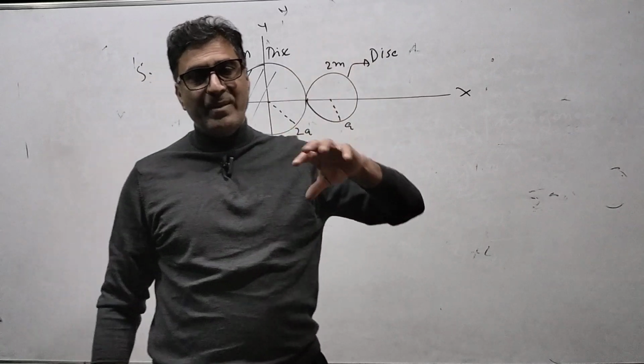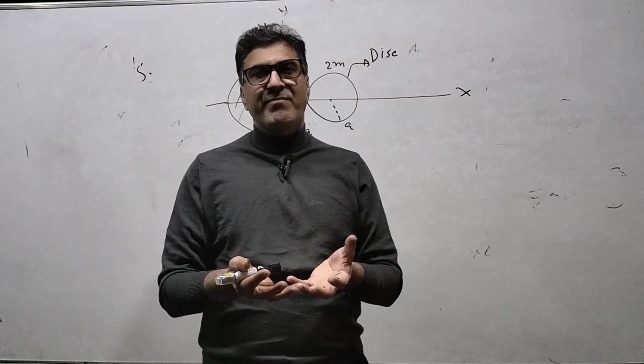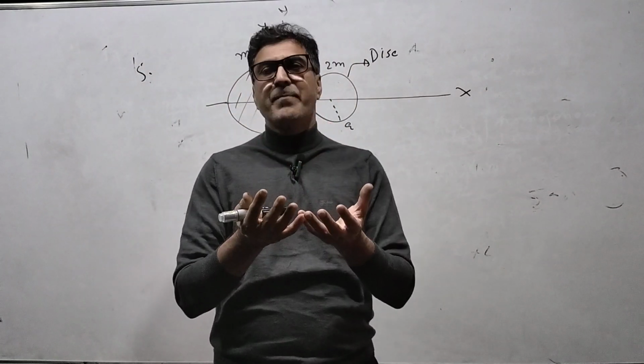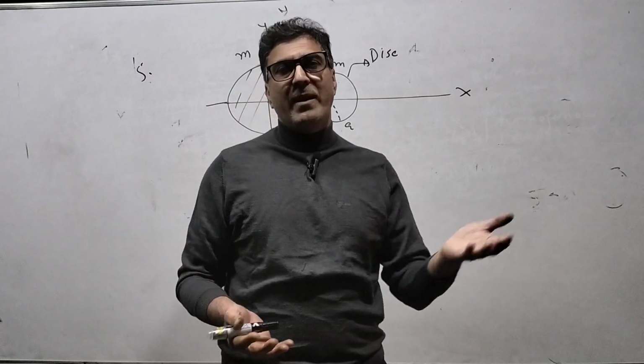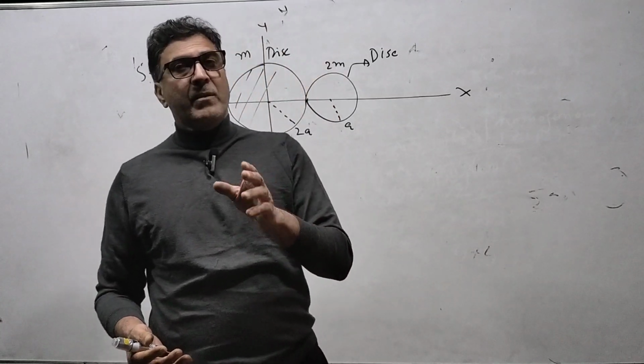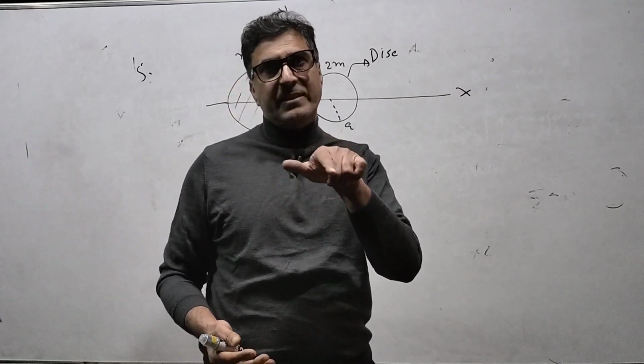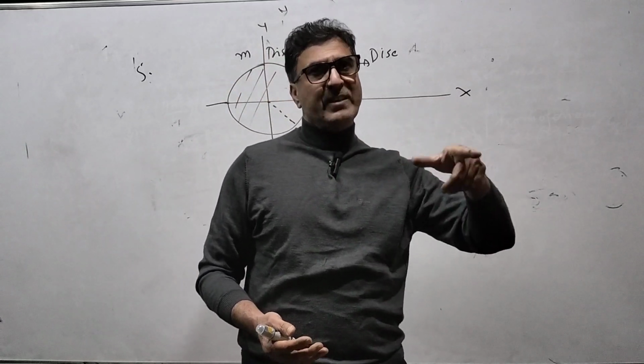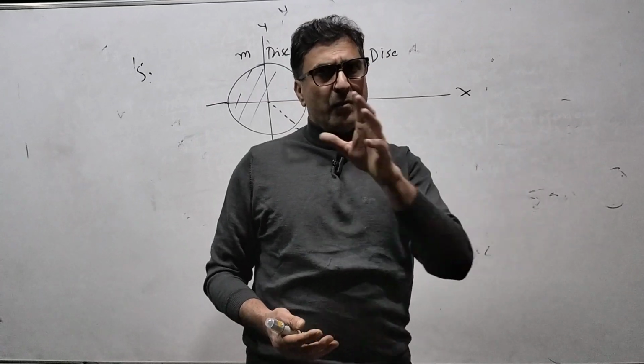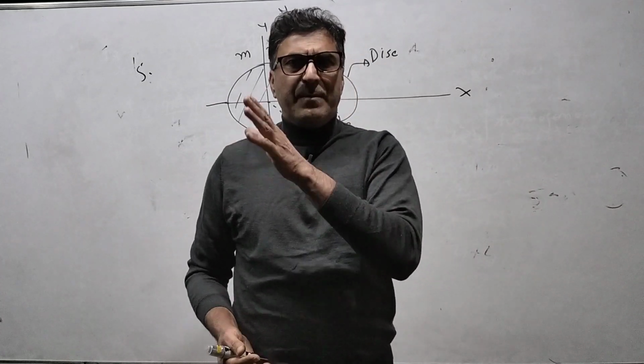If you have volumes, I mean rigid bodies of three-dimensional bodies, we can use the formula V1 x1, volume of the first object into its x coordinate plus volume of the second object into its x coordinate plus volume of the third object. We can also write the equation in terms of volumes.